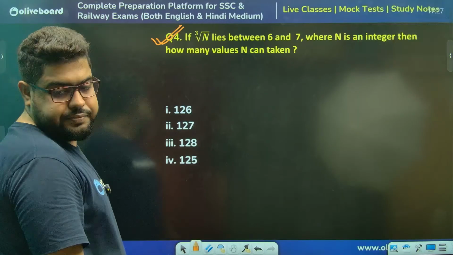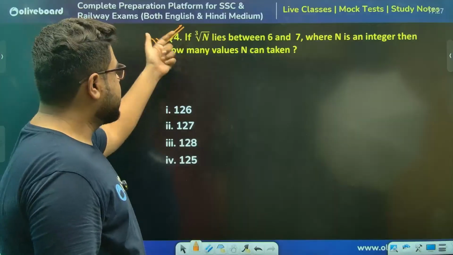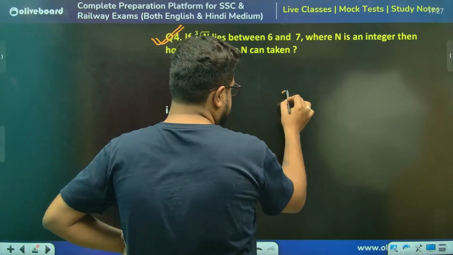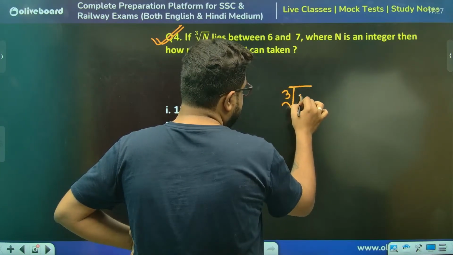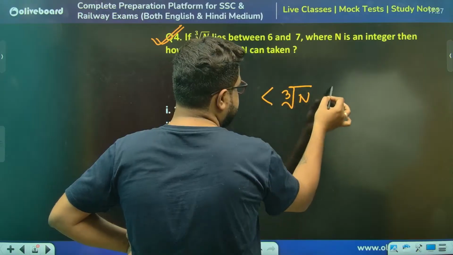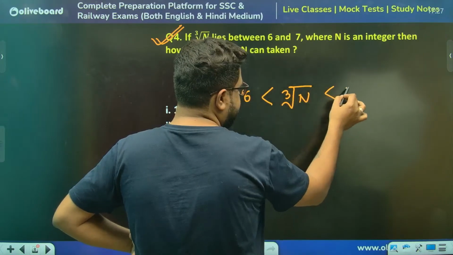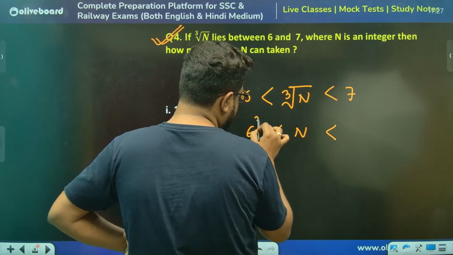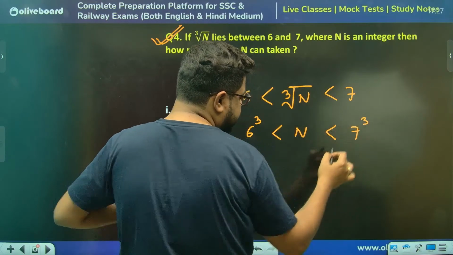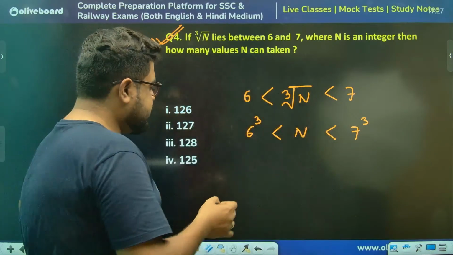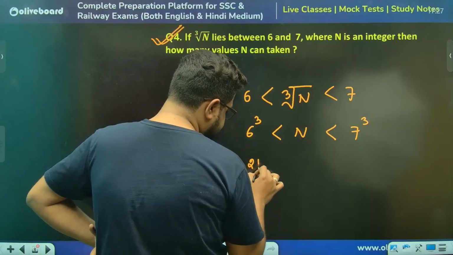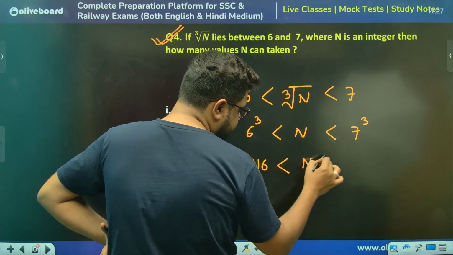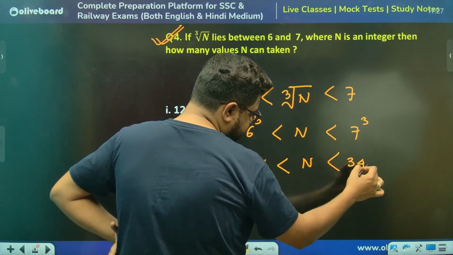Sir, in these situations, the cube root of n, it has been given, lies between 6 and 7. So n will lie between what, sir? 6 cube and 7 cube, meaning I'm cubing all the sides. So 6 cube is 216 and 7 cube is 343.